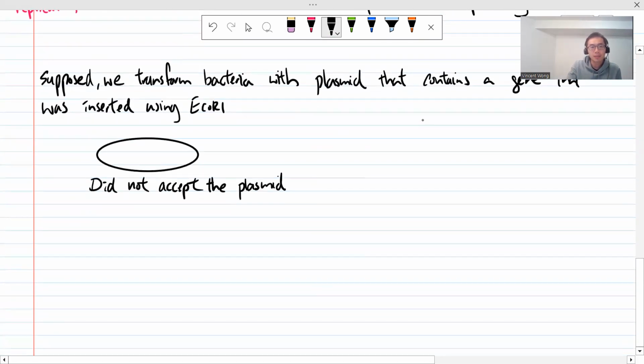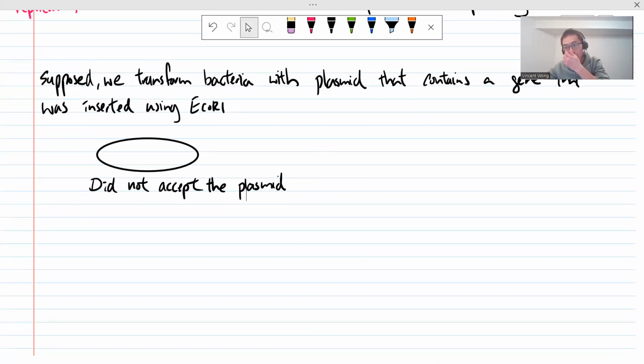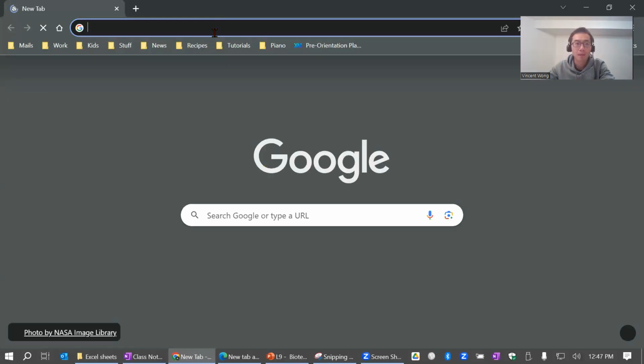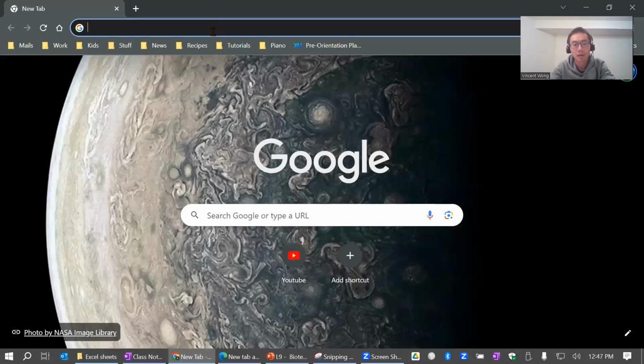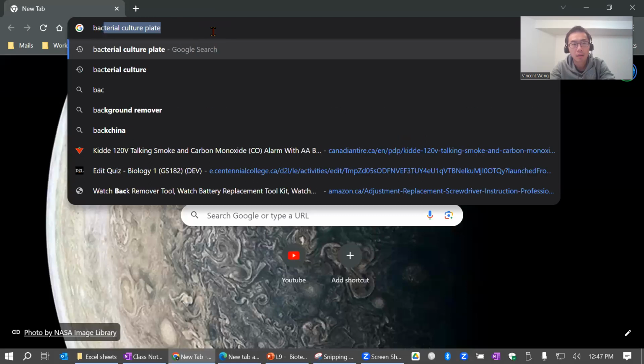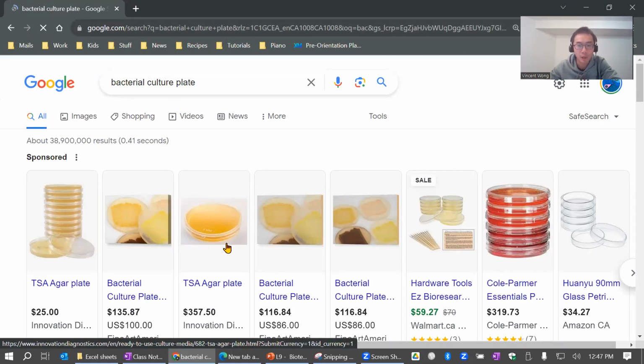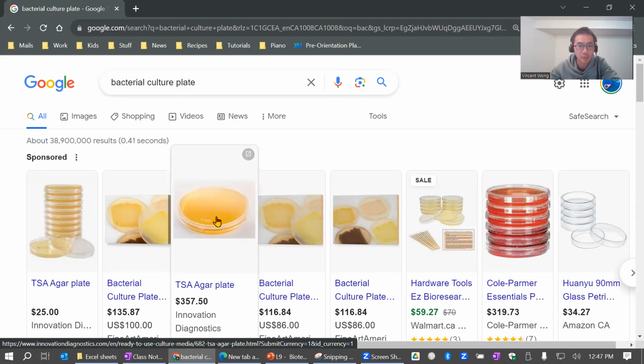So what will happen if you try to grow them? So let me show you how you grow bacteria. Okay, we grow them in this agar plate, agar. Right? The agar gives them a place to stick on, and then we pour some nutrients on them.